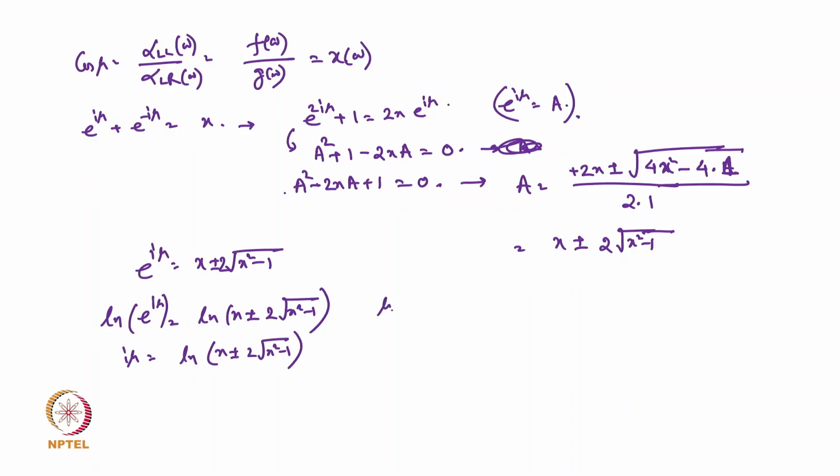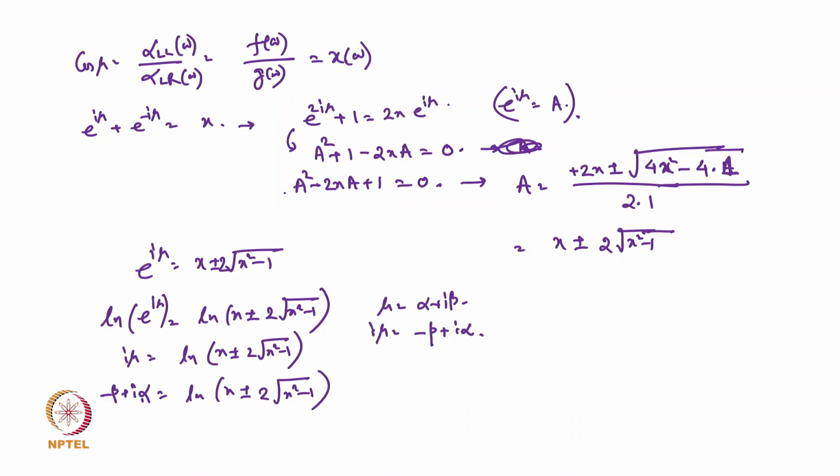Now if we think that mu is equal to alpha plus i beta, then i mu will become minus beta plus i alpha. So we can say minus beta plus i alpha is equal to ln of x plus minus root of x square minus 1.